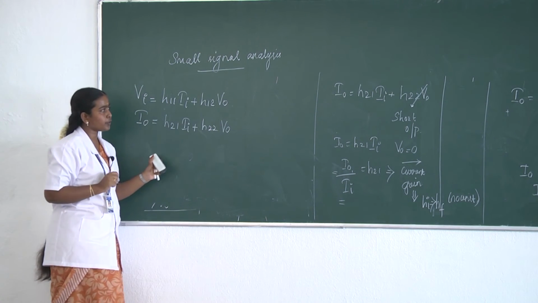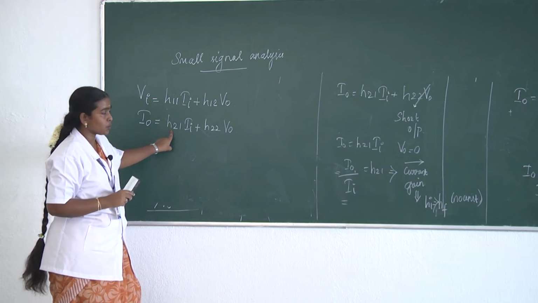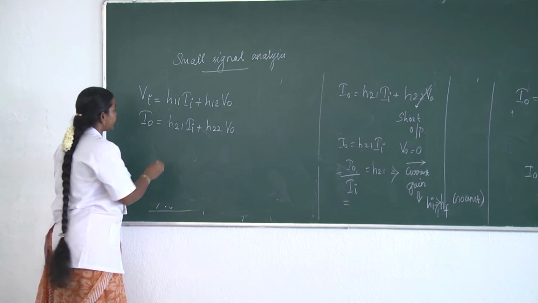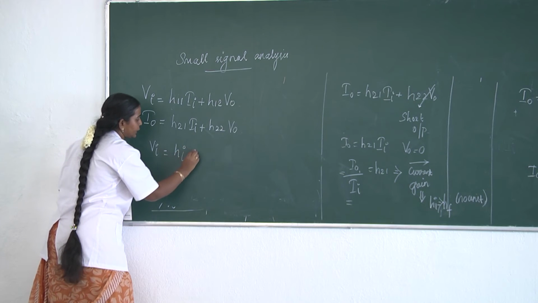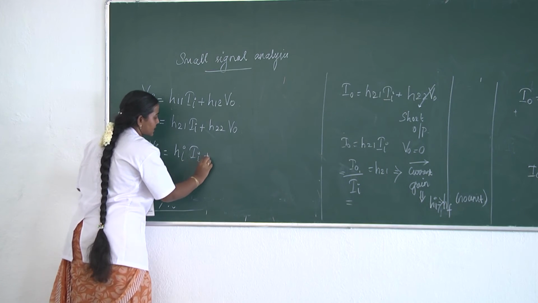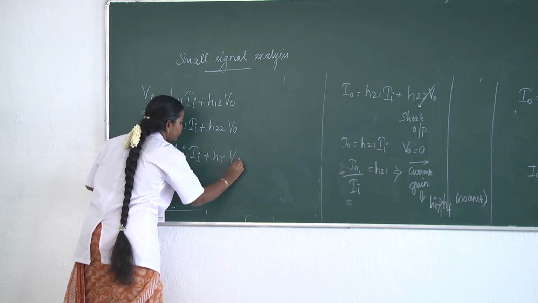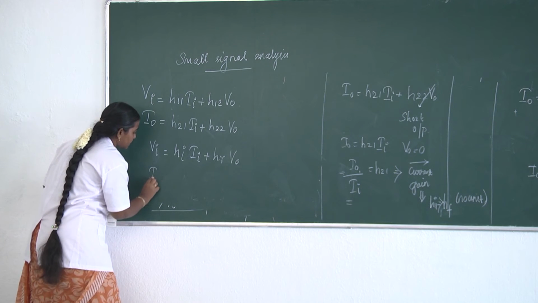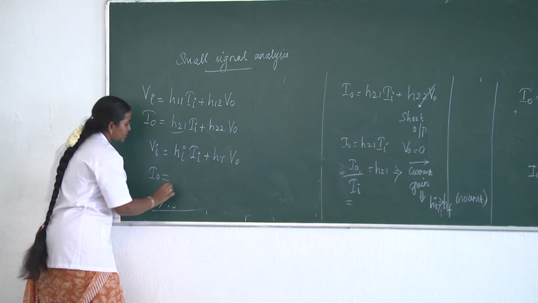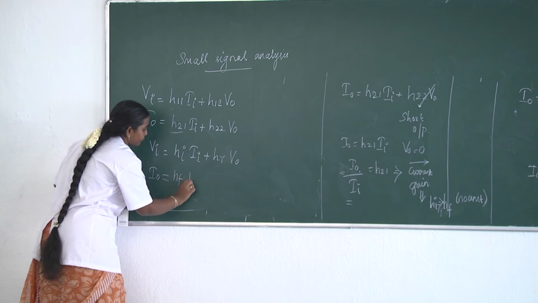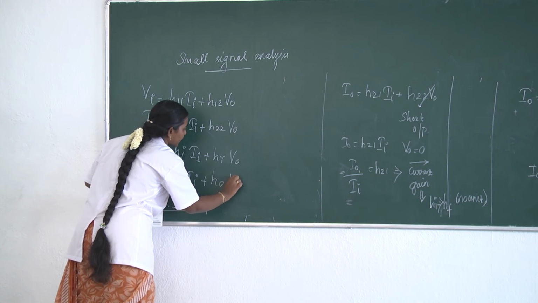So now what we are going to do is, we are going to replace the H11, H12, H21 and H22. So first we can replace Vi is equal to Hi into Ii plus H12, which is nothing but a reverse transfer voltage Hr, into Vo. The second equation becomes Io is equal to H21, which is nothing but the forward current, so we can replace this with Hf, into Ii plus this is Ho and Vo.